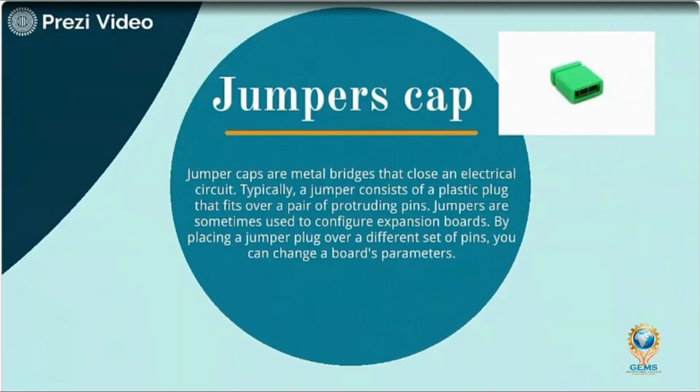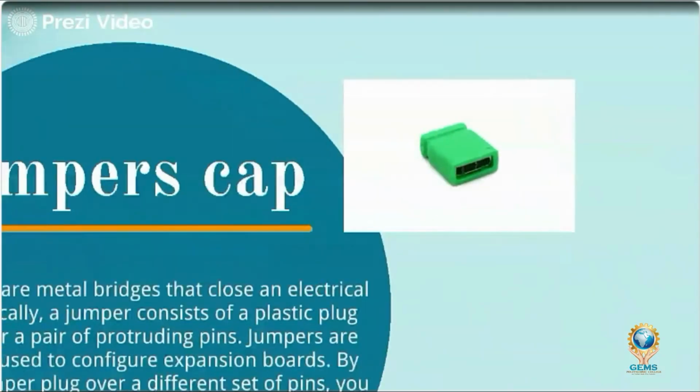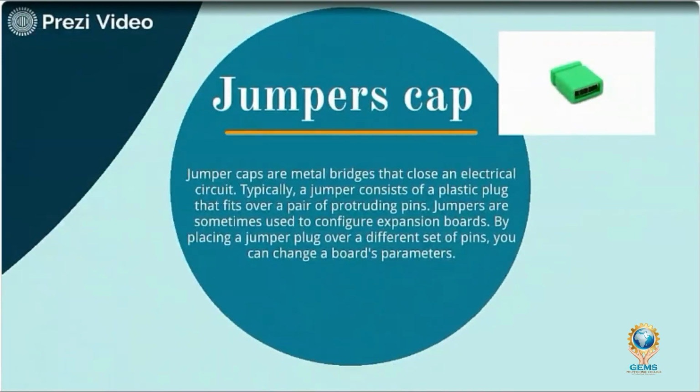By placing a jumper plug over a different set of pins, you can change a board's parameters. The jumper caps look like this. This is commonly used in the motherboard to configure expansion boards or to close the circuit.